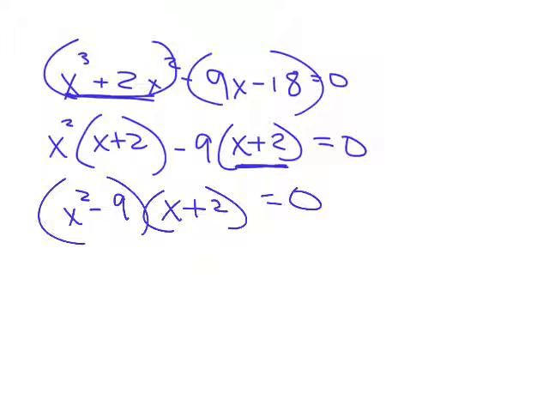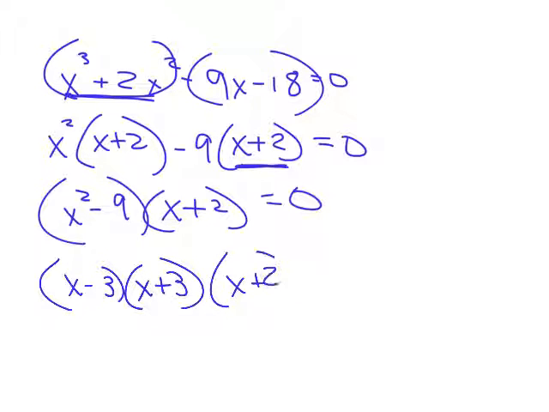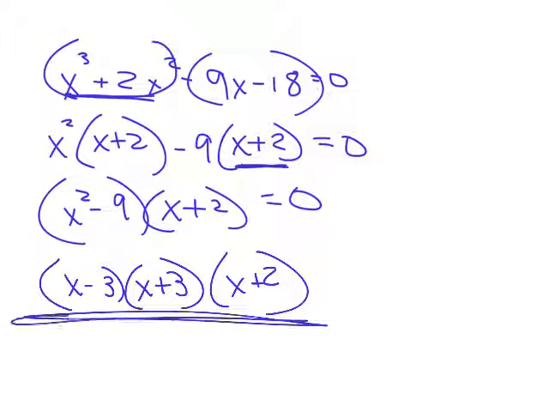But because of this 9 here, I know that this is a difference of 2 squares, and I can keep going here. And then add my x plus 2 there. And then at this point, because up here I figured out I had 3 answers because of this 3, well, this gives me 3 parentheses. So my x is 3, negative 3, and negative 2.